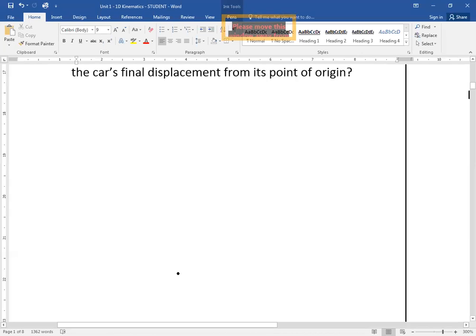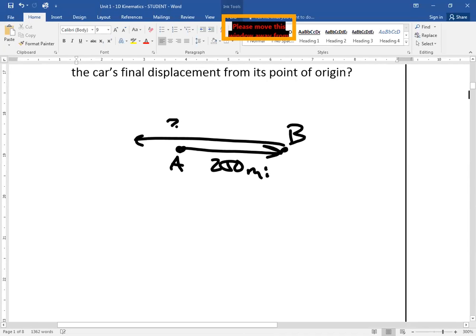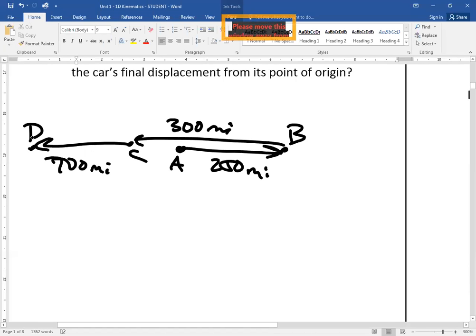You probably said, okay, I got city A, and you want me to go east 250 to city B. Then you want me to go 300 to C, and then you want me to go 700 to D. Someone in an earlier class asked, shouldn't you draw it to scale? I said, well, if you want to draw it to scale, knock yourself out.